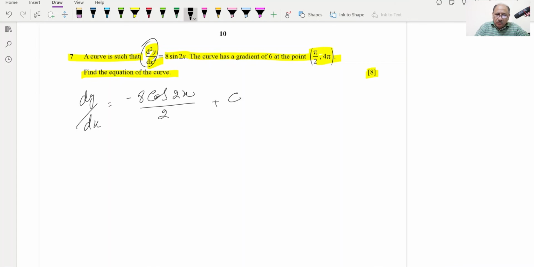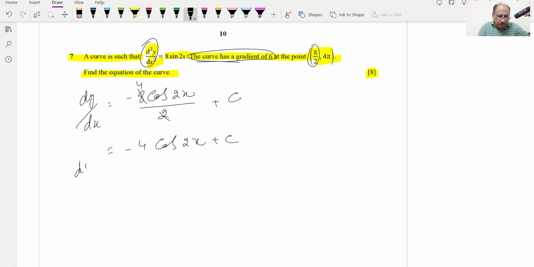And we know it is provided that the curve has a gradient of 6. So dy over dx at this point, x value we can write pi by 2. First we can simplify this as 4, and our equation will become minus 4 cos 2x plus c, and this is given equal to 6.